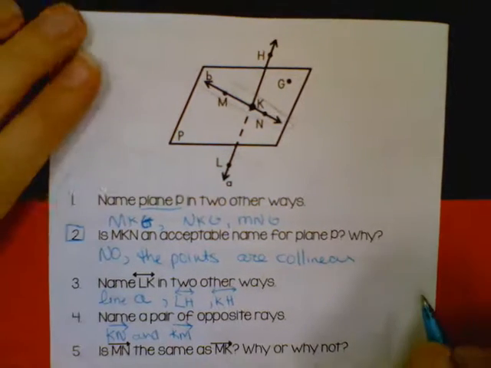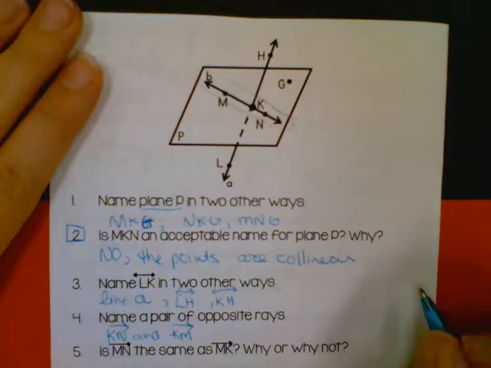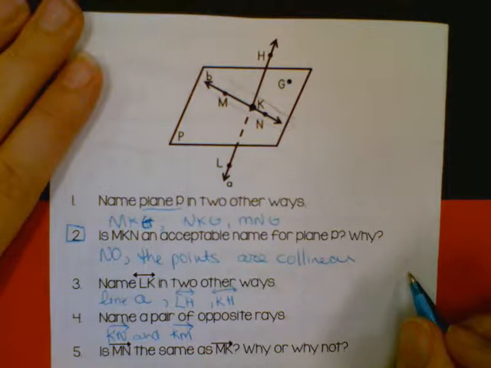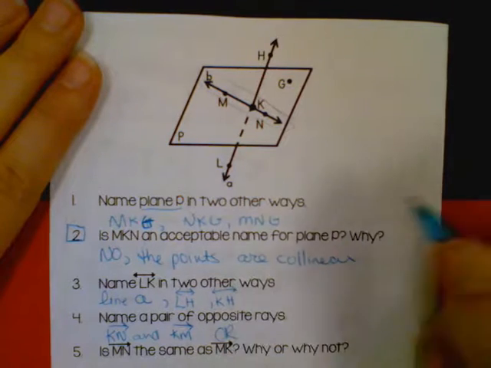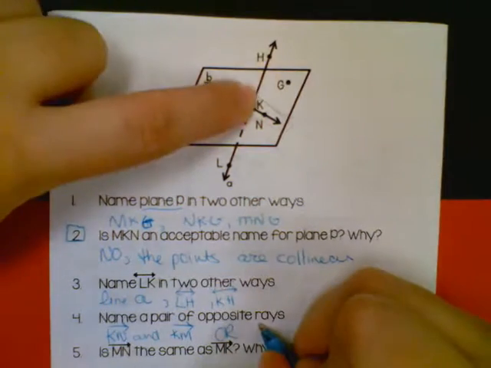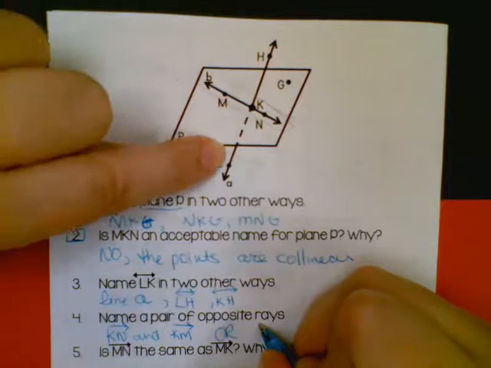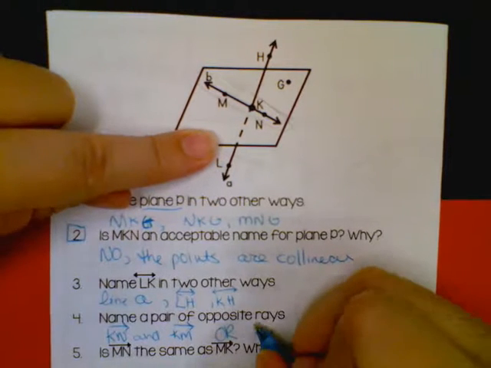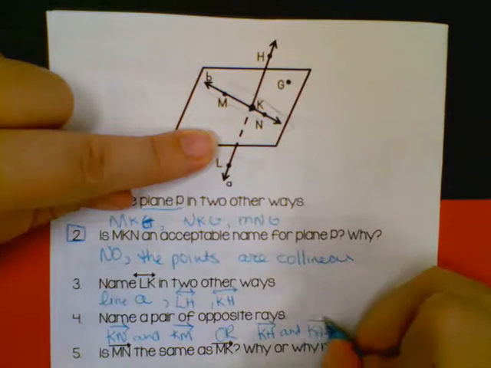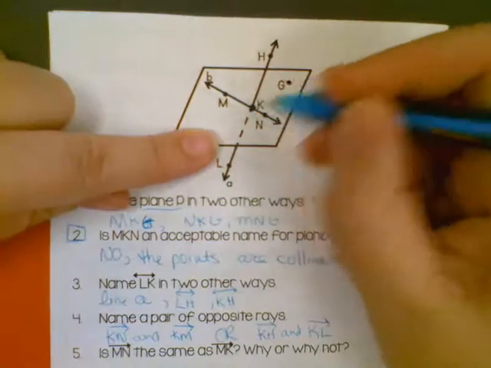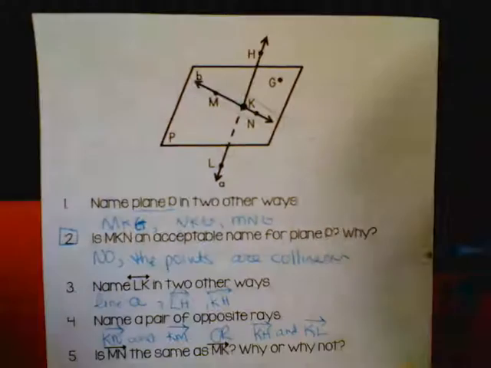So what would be the other set of opposite rays that's in that picture? Very good. So we have KH and KL. Remember, you have to have that initial point first, and then they have to be going in opposite directions.